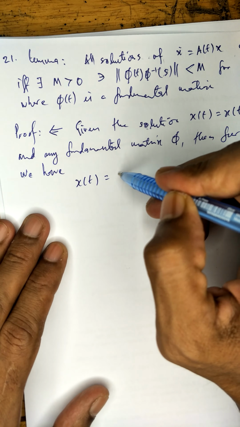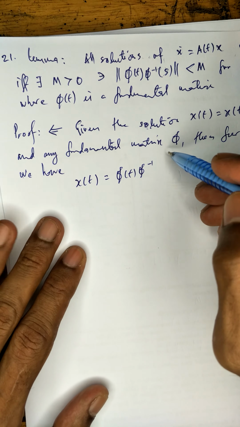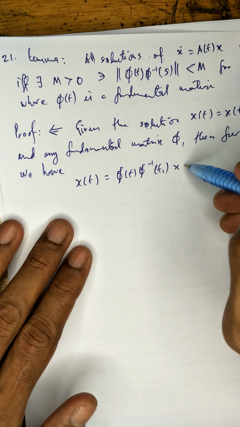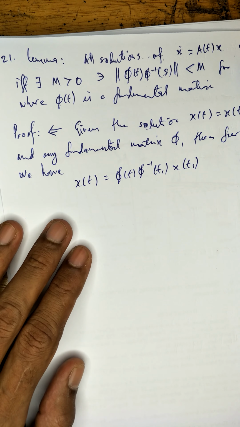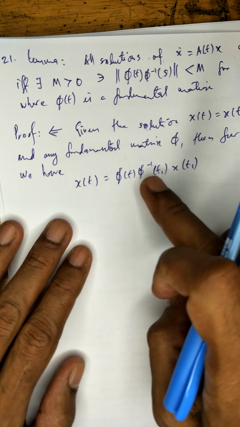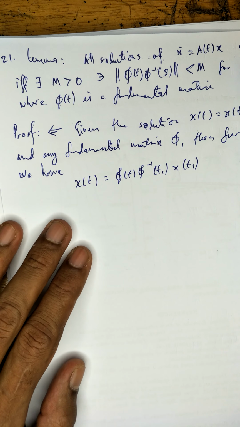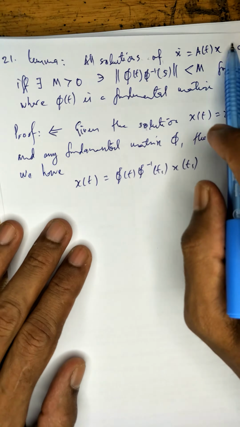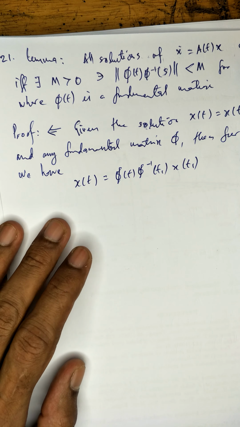This is a standard matrix identity: phi inverse times phi gives the identity, and it satisfies the given system.